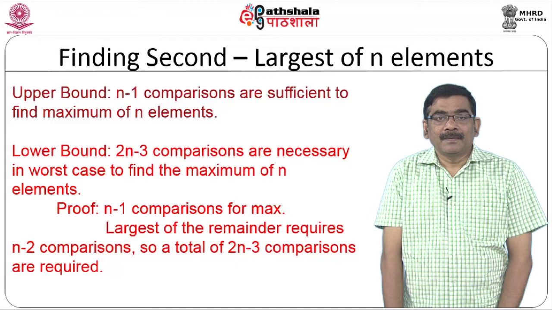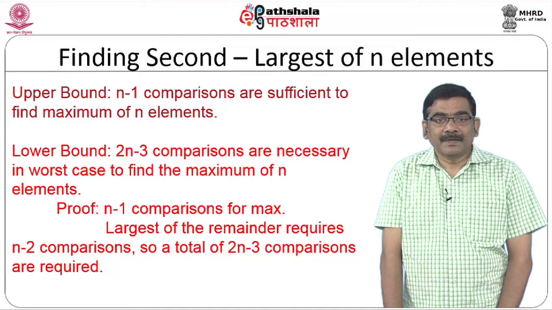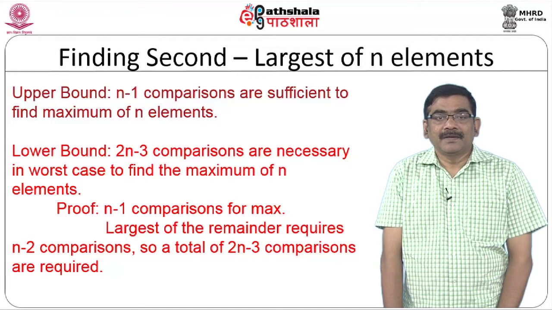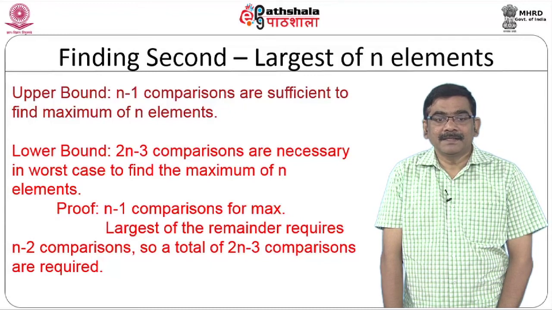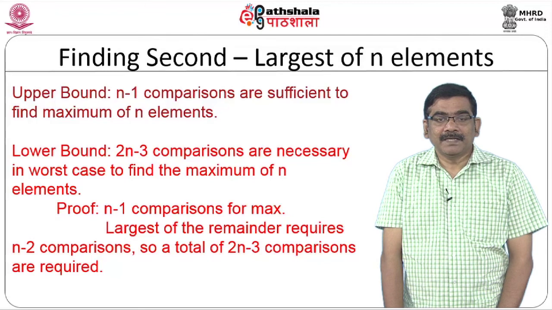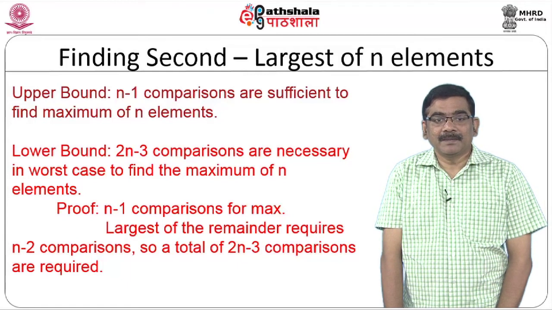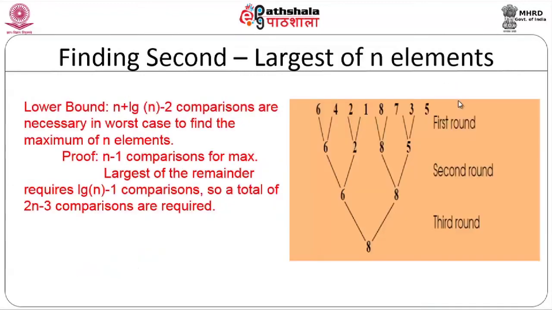For finding the second largest you have only n minus 1 elements, therefore you require n minus 2 comparisons. Put together, n minus 1 plus n minus 2 gives 2n minus 3 comparisons required for finding the second largest element.